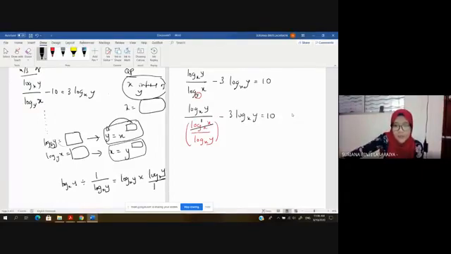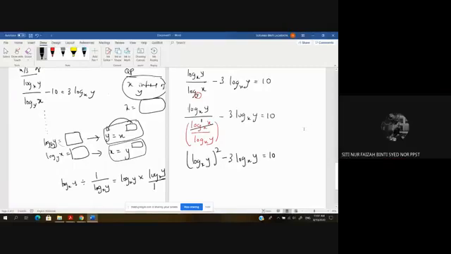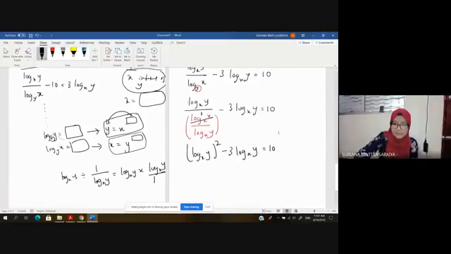So log xy multiply with itself you will get log xy square, betul? Minus 3 log xy equals to 10. Up until here clear? Yeah. Okay, clear kan?